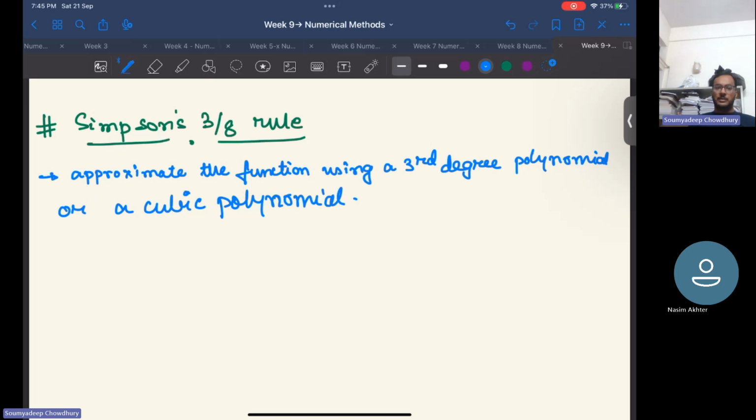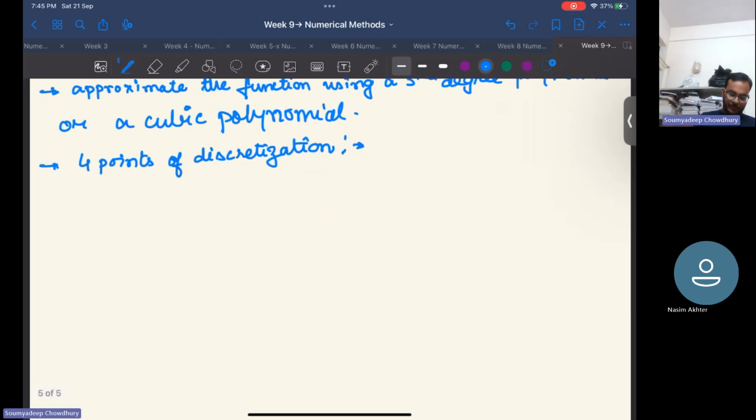So previously in the Simpson's 1/3 rule, we had 3 points, A, B, and A plus B by 2. Here we'll have 4 points of discretization in each unit. So now I'm not talking of the composite rule, I'll come to it later.